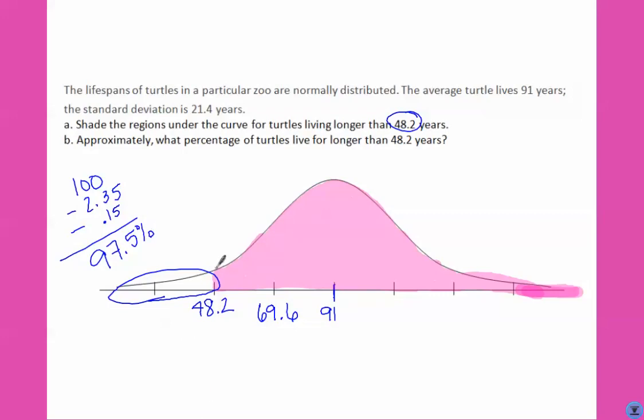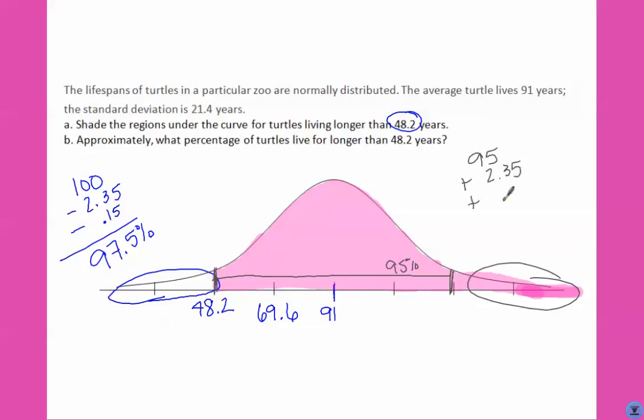Or we can say we know from here to here is 95% plus this little bit, so 95 plus 2.35 plus 0.15, which will also give us 97.5%. So either add on the little bit at the top or subtract off a little bit at the bottom. Both ways, mathematically correct. They work.